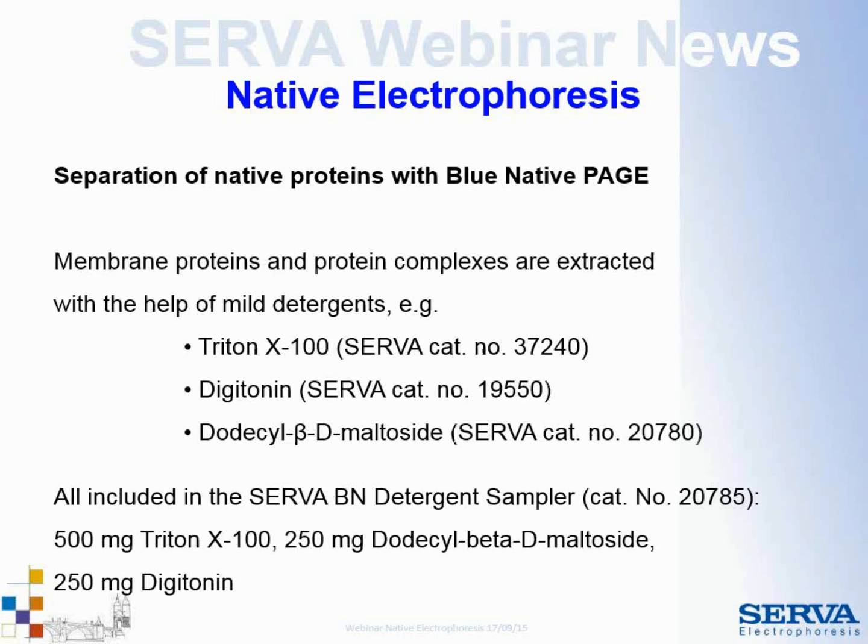So it's a method, as I already told you, for separation of membrane proteins or protein complexes. These are extracted with the help of mild detergents such as Triton, digitonin, or dodecyl beta-D-maltoside. All these detergents can be used for extraction. They can also be used as a mixture.